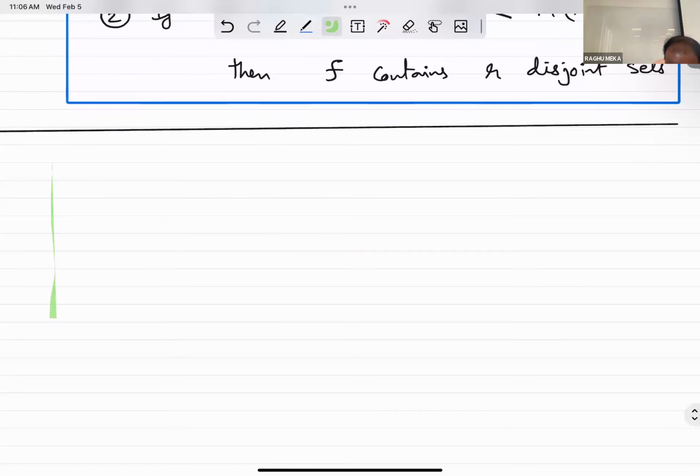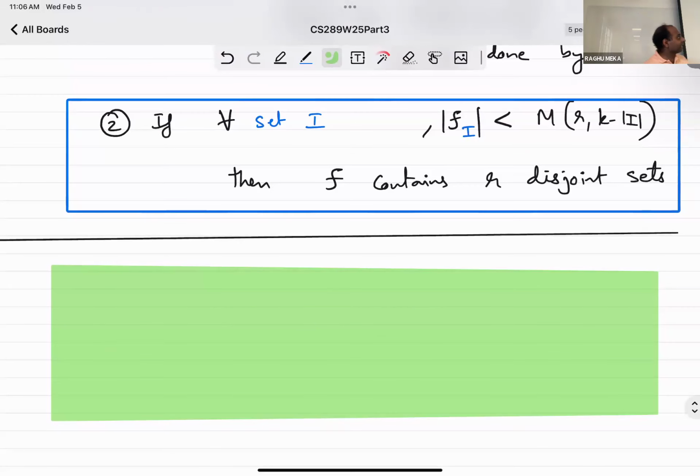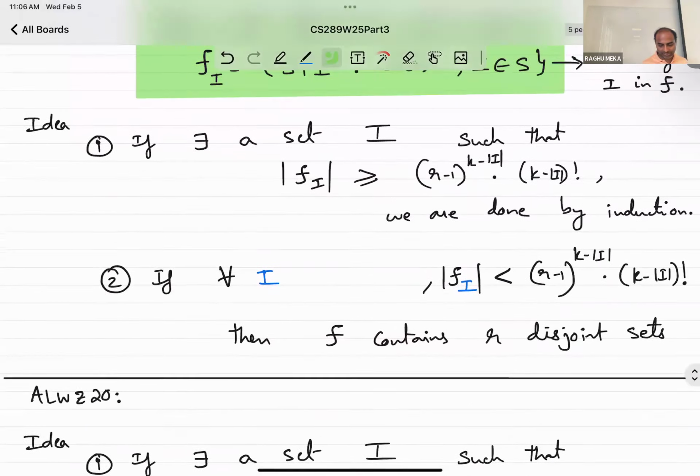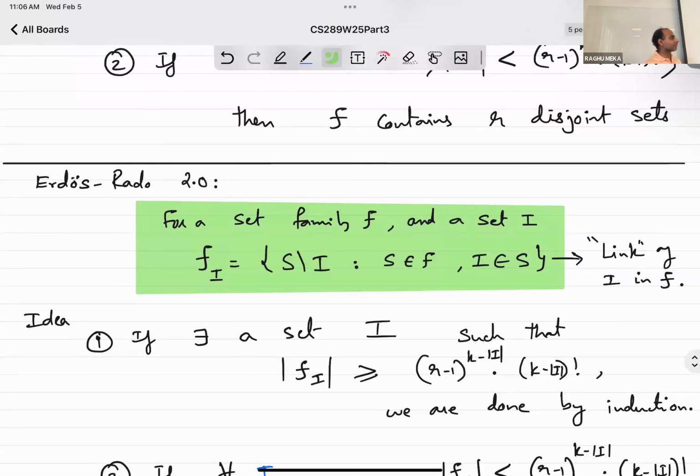And this is a notion that we're going to talk about, which is directly modeled after what we're asking for here, right? So the hypothesis here is somehow saying you have your set family F, and you look at the links, which are basically subsets which contain a specific set I. None of them are too big.